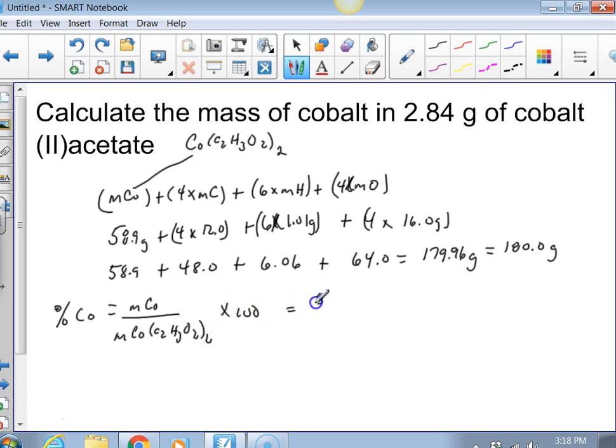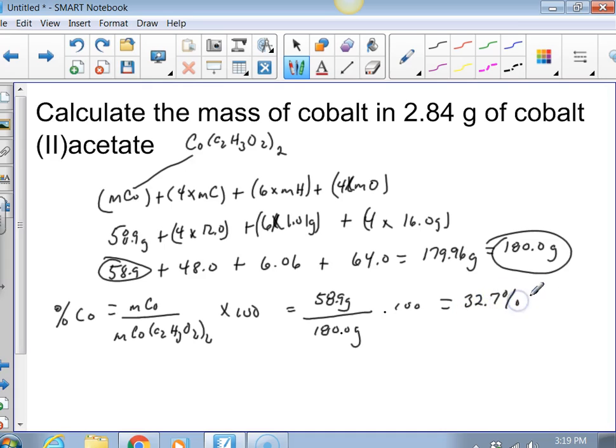That's going to be 58.9, coming from here, divided by 180, coming from here, the total mass, times 100. That's 58.9 divided by 180 and multiplied by 100 is 32.7% cobalt.